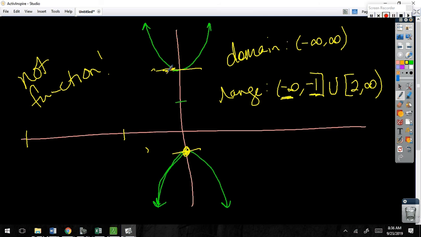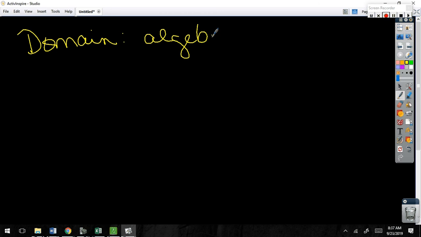All right, let's look at domain algebraically. This is new stuff probably for you. You may have done domain and range looking at a graph, but I doubt you've done domain algebraically yet.